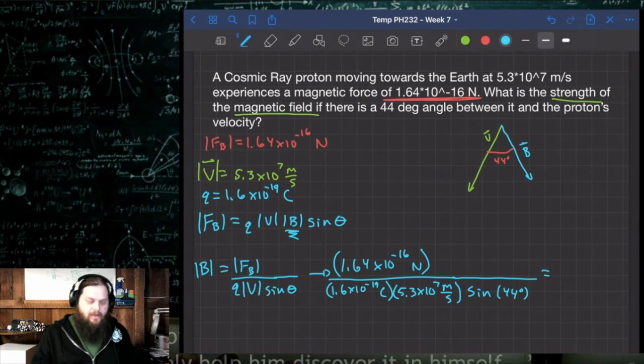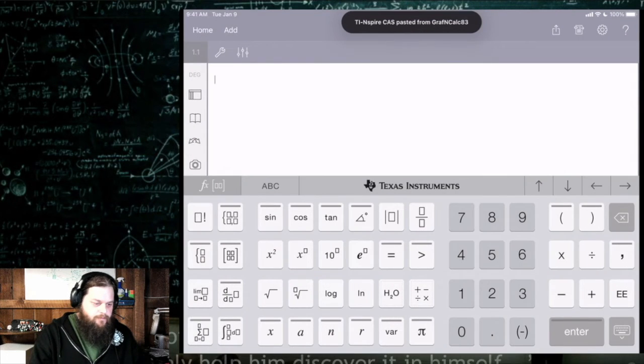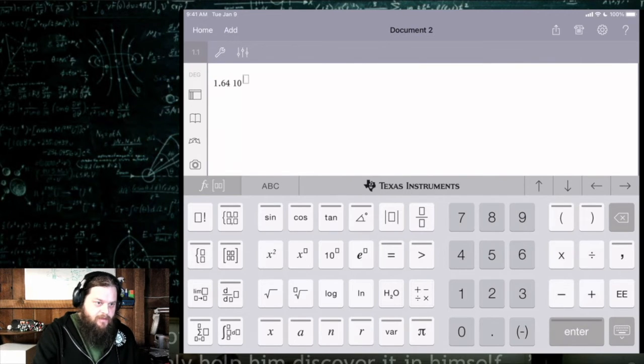And let's plug this into our calculator. So we have 1.64 times 10 to the negative 16 newtons divided by 1.6 times 10 to the negative 19 coulombs times 5.3 times 10 to the 7 meters per second times sine 44.